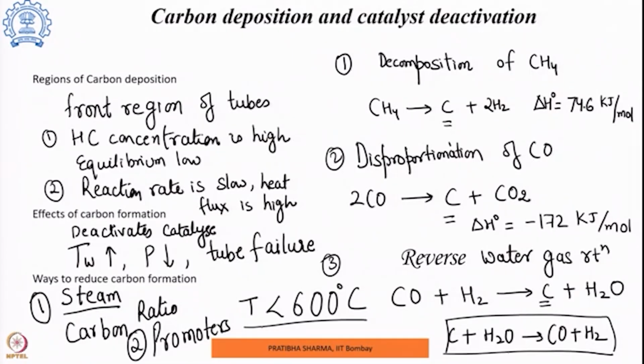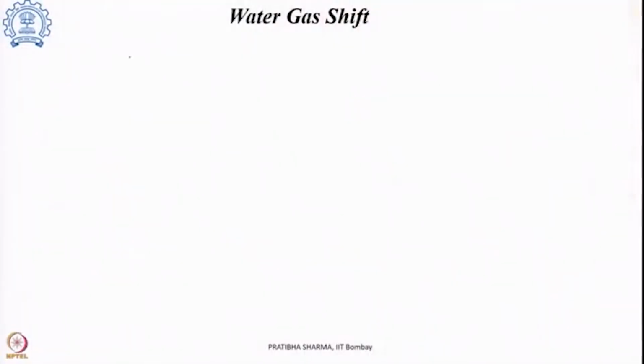However, at temperatures beyond 600 degrees centigrade, the gasification will dominate or the carbon deposition will be lowered. Now once after the steam methane reformation reaction, the next step which is being considered is the water gas shift.